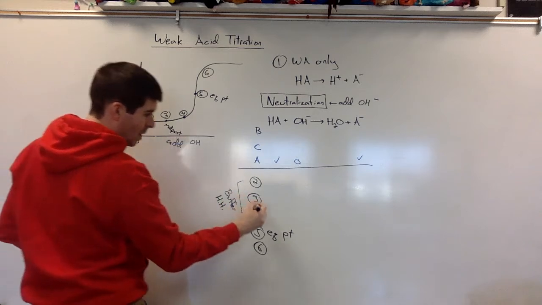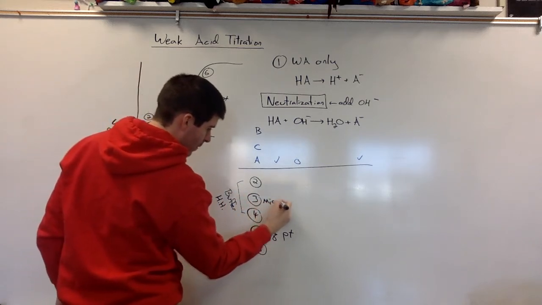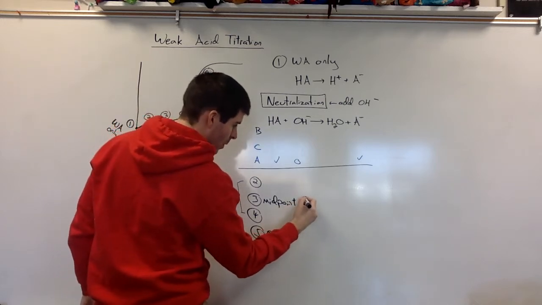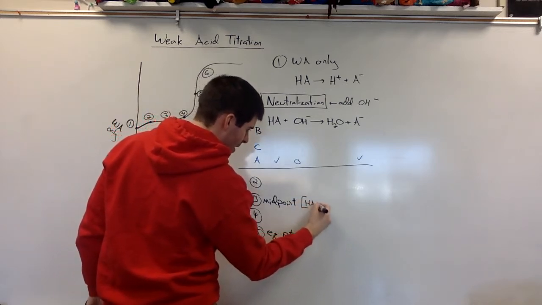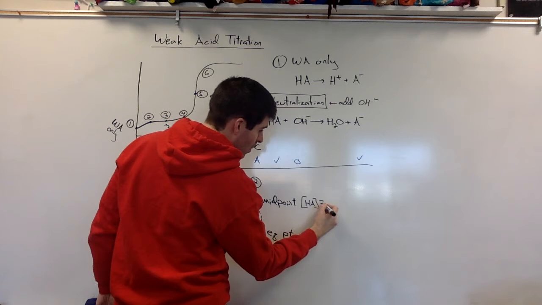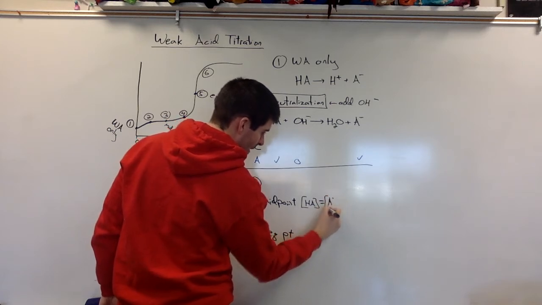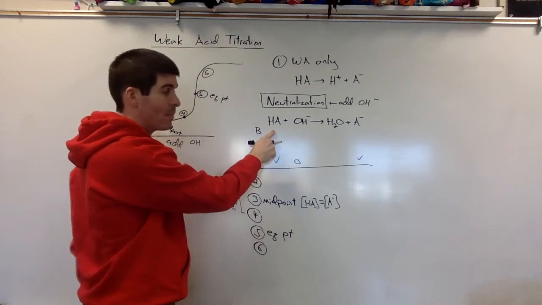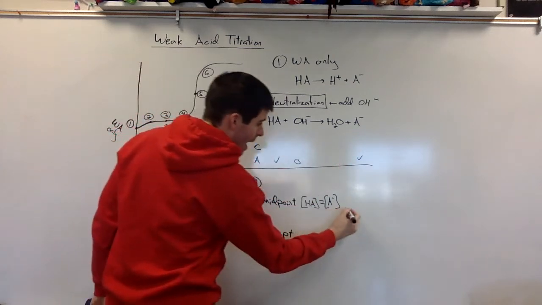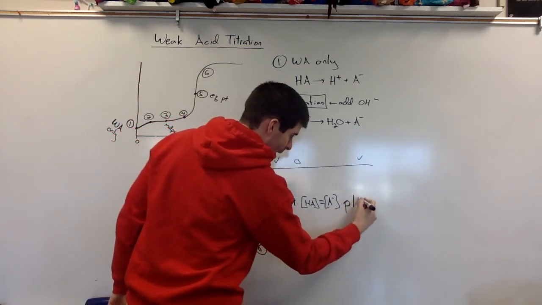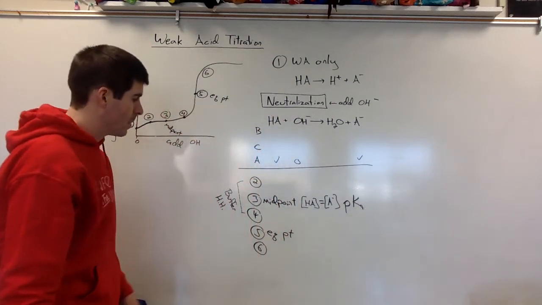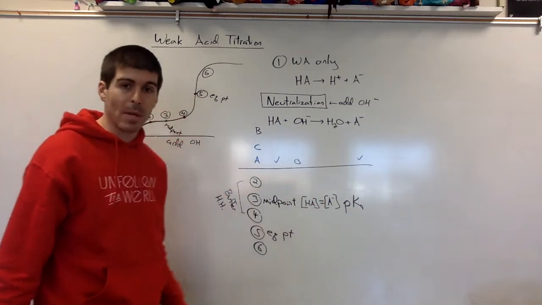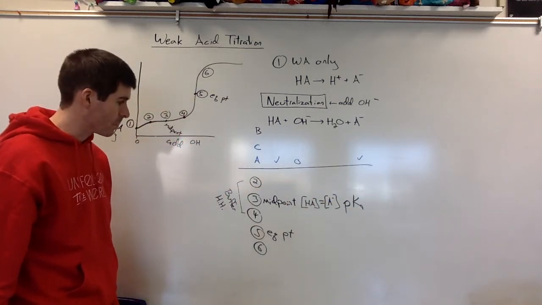The midpoint is our other grounding point, because that's the point when your molarity of HA is equal to your molarity of A-. Your hydroxide has neutralized exactly half of this and turned it into conjugate, and that's going to give us our pKa in our Henderson-Hasselbalch equation. So the midpoint tells us exactly at our pKa what the pH is.